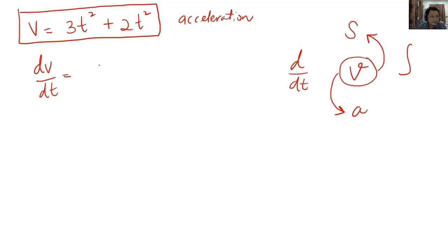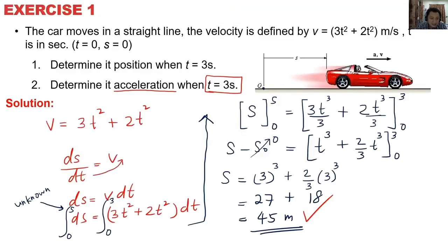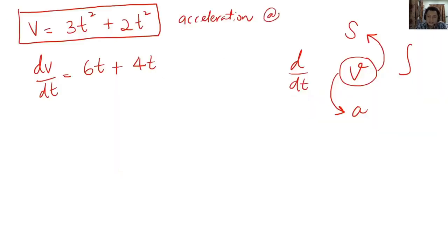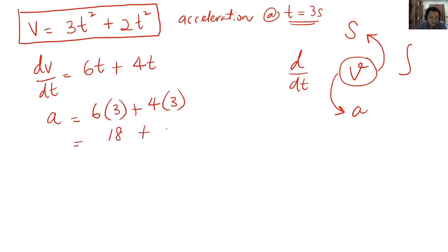So what do you do? I think it is 6t plus 4t. And then you need to evaluate. What is the question again? Determine the acceleration when time is equal to 3 seconds. So now you plug in. dV over dt, you get acceleration. 6 times 3 plus 4 times 3, so this becomes 18 plus 12.